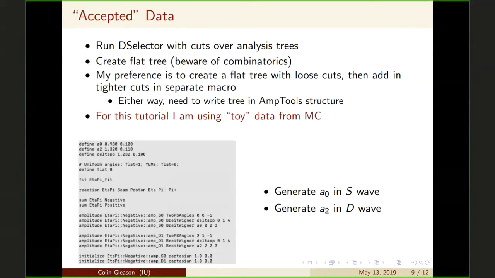When you go back to fit the data, you're going to divide the data up into bins of mass, and you're going to fit for this intensity and this intensity. So what you're going to pull back out of the fit is this Breit-Wigner as a function of mass, by fitting for the amount of this angular distribution and that angular distribution. I'd probably add a few more slides to this if I could.